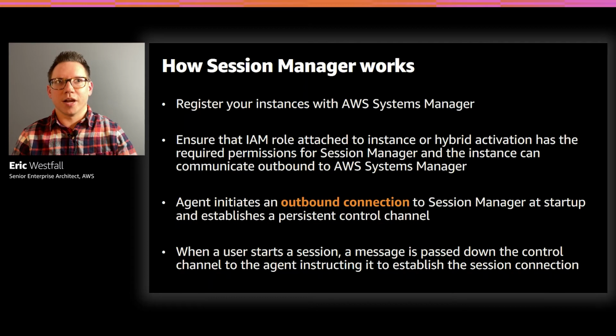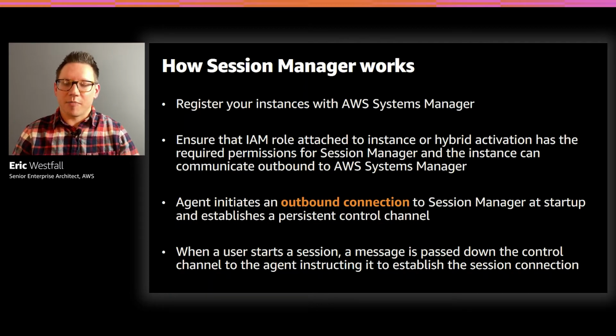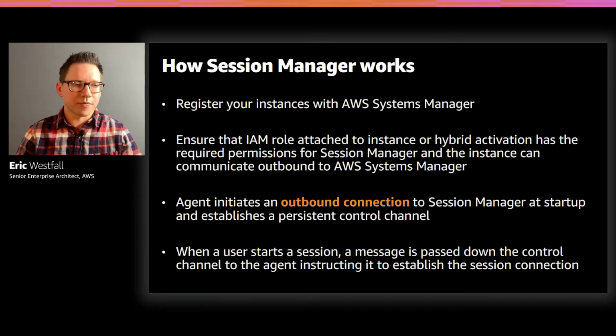The only other requirements for that instance to work is that it have outbound internet communications to port 443, or if you're in a VPC, you can also set up VPC endpoints as well to provide access to Systems Manager and Session Manager, even in a VPC where there's no outbound internet connectivity whatsoever.